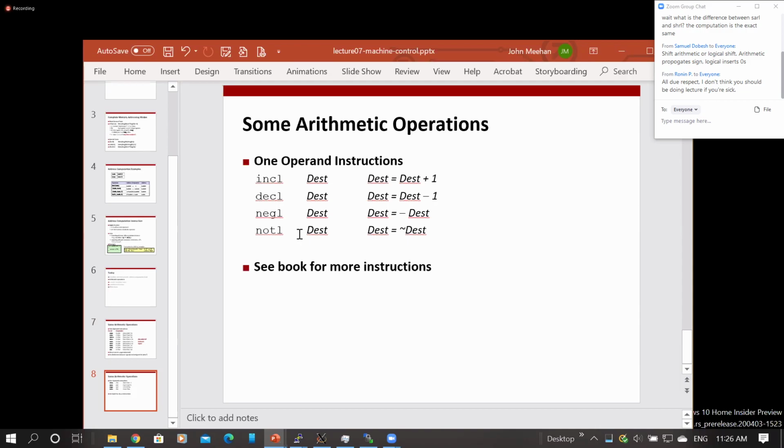So you could build your arithmetic negation out of this instruction, because you could flip all the bits and then add one and you'd get the effect of the arithmetic negation, which is what the circuitry actually does when you do this instruction here.